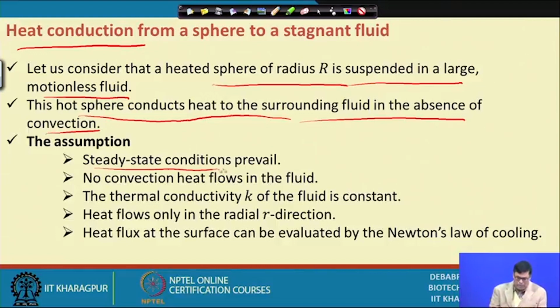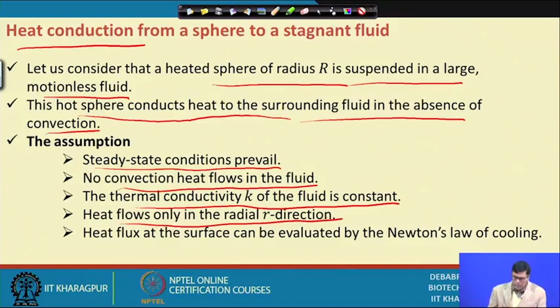The following assumptions are maintained: steady state conditions prevail, no convection heat flow in the fluid, the thermal conductivity k of the fluid is constant, heat flows only in the radial r direction, and the heat flux at the surface can be evaluated by Newton's law of cooling.